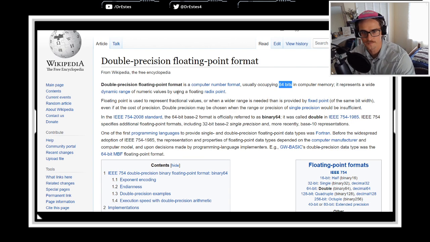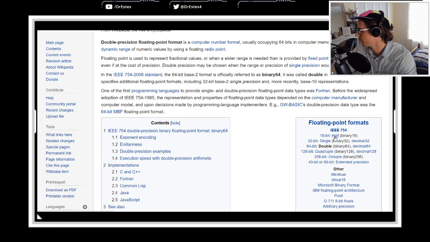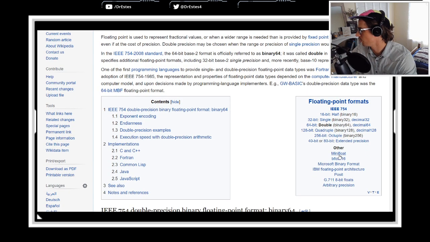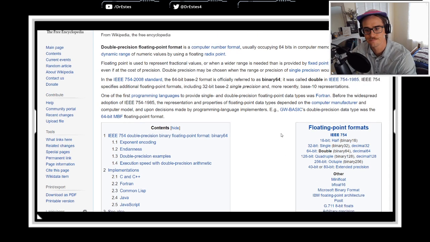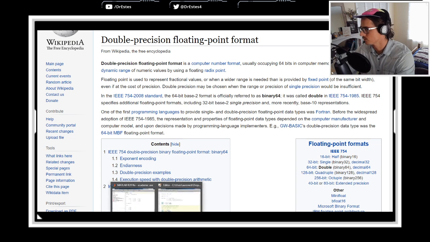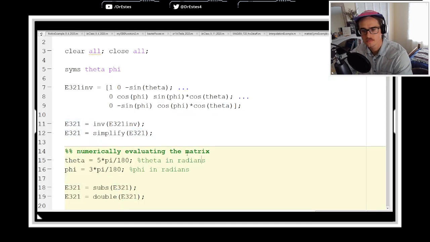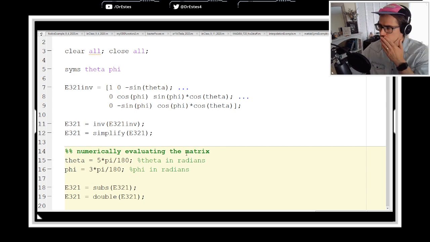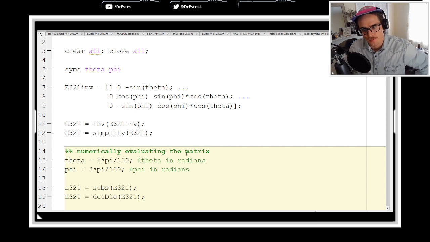Double precision. There's all these other kinds of precision. Float, mini float.